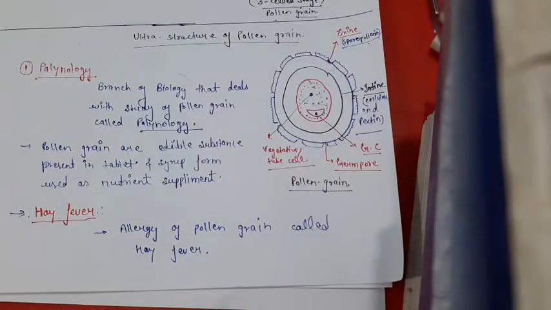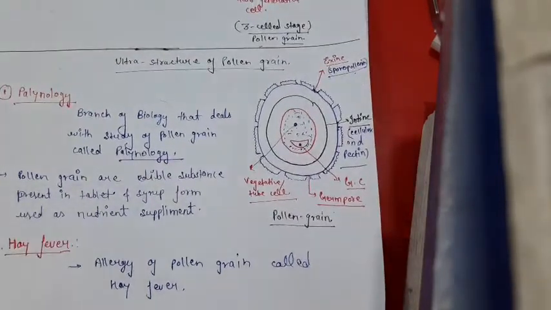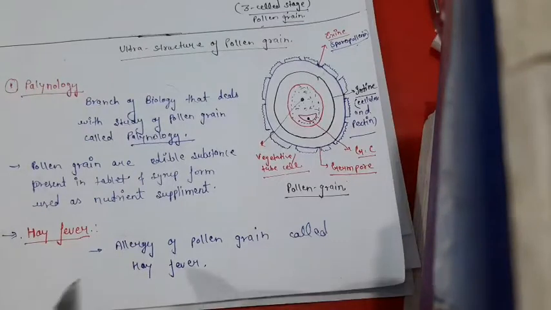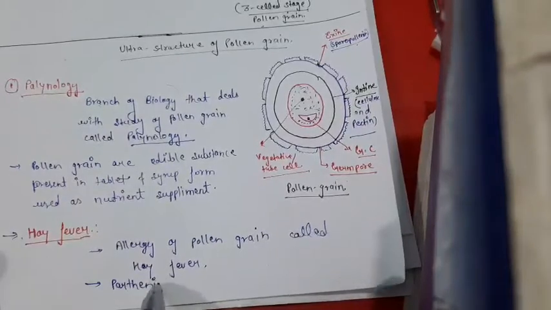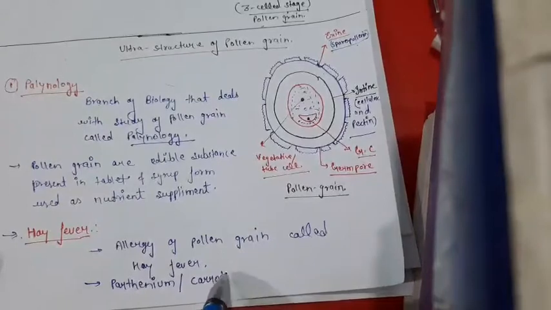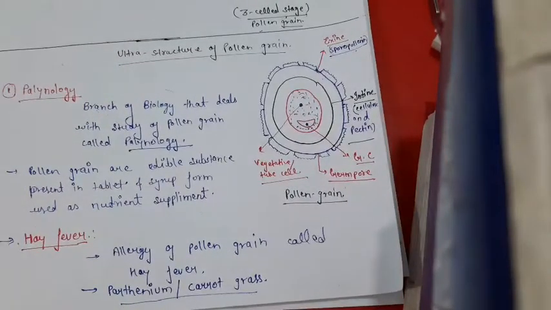Okay friends, and one more point here: a constituent of hay fever is Parthenium. An example is Parthenium, also called carrot grass. It can cause allergy, so we can say it is an allergen. Parthenium is also known as carrot grass.